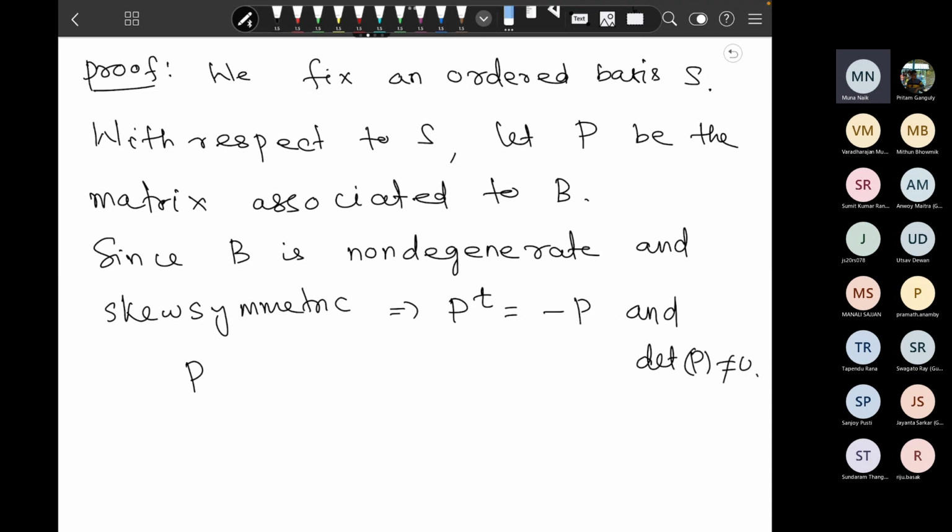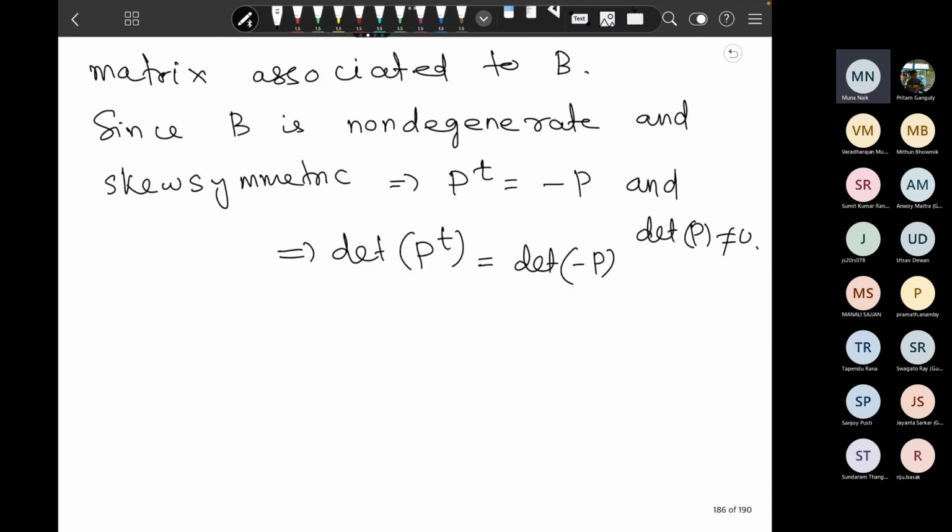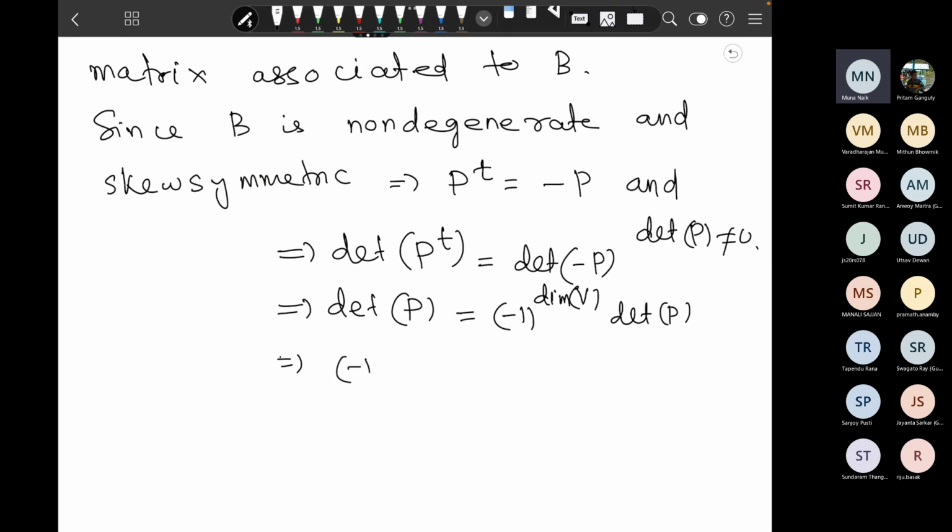Now since P transpose is equal to minus P, I can take the determinant on both sides. The determinant of P transpose is the determinant of P, and the determinant of minus P is equal to minus 1 to the power dimension of V times the determinant of P. But the determinant of P is non-zero, so I can cancel it out on both sides. So that means minus 1 to the power dimension of V is equal to 1, so the dimension of V is even.